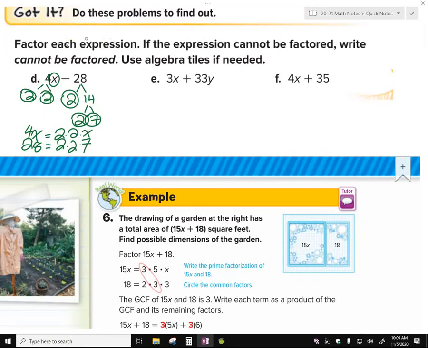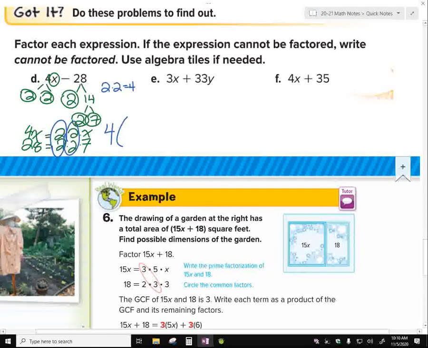My common factors with this one, there's a 2 and there's a 2. I'm going to be multiplying the 2 times 2 to get 4. So that means that 4 is going to be on the outside of the parentheses. It's an ugly 4. That's better.